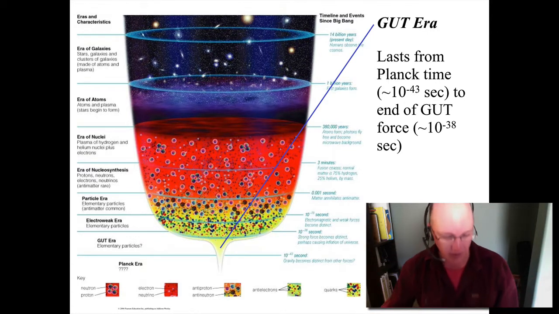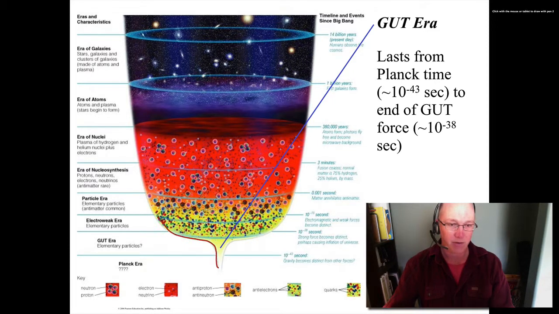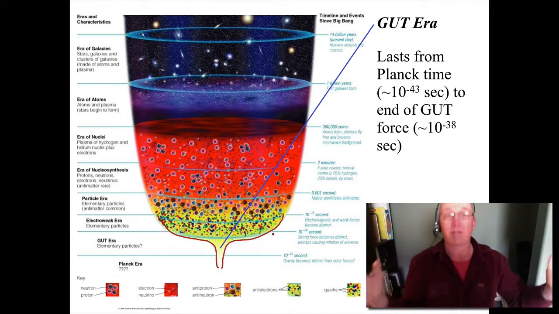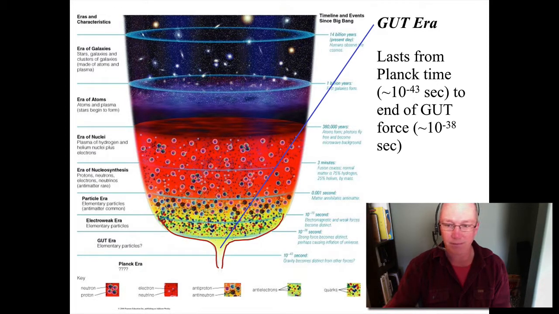Now you'll notice something interesting here, that this is meant to represent the expansion of the universe, and during this period of time we have this rapid expansion that was much, much faster than what we see today, and this is called inflation. And this is necessary because if we look at the cosmic microwave background, it is essentially a uniform temperature.